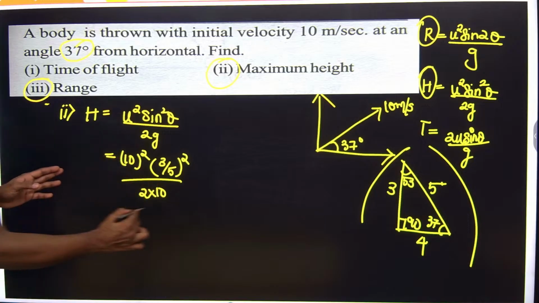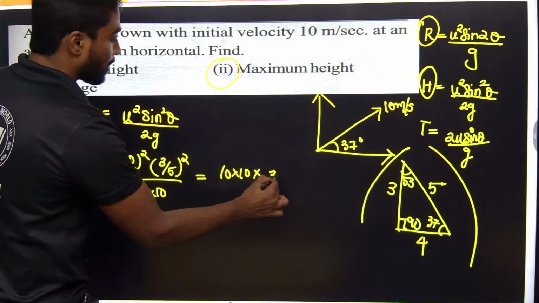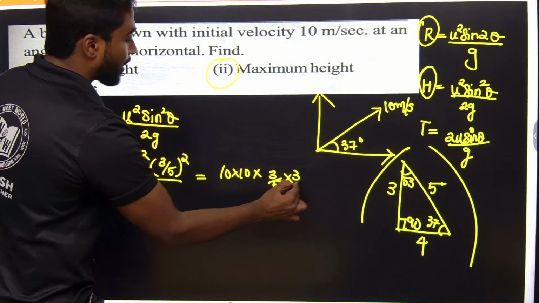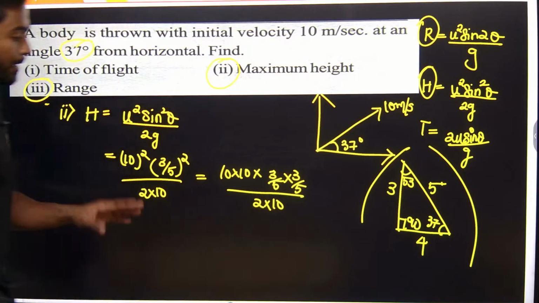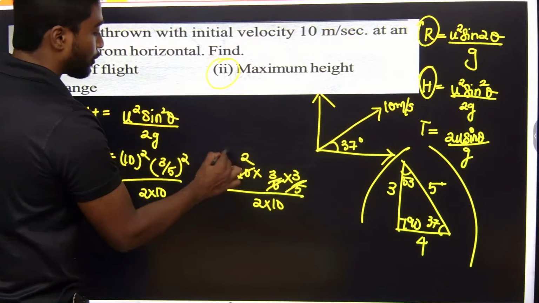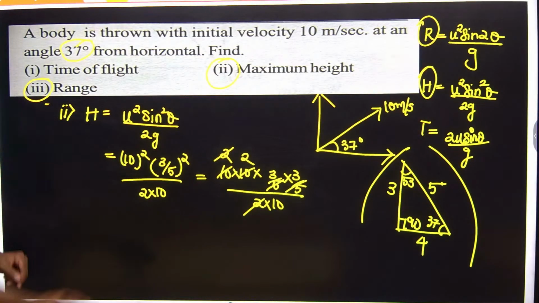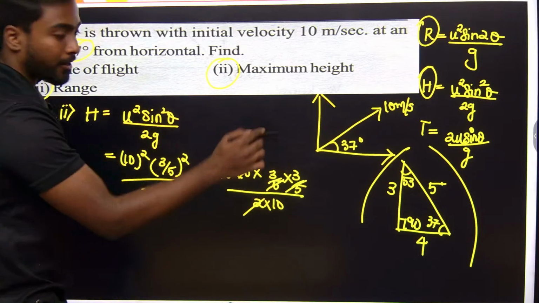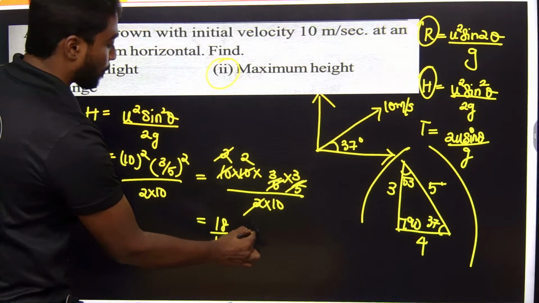Now let us calculate: 10 into 10 into 3 by 5 into 3 by 5 divided by 2 into 10. I will keep it as it is now. So this is 1 times, 2 times, 1 times and 2 times, so this is 1 time and this is 1 time. 2 3s are 6, 6 3s are 18. So it is 18 by 10, which is nothing but 1.8 meter.